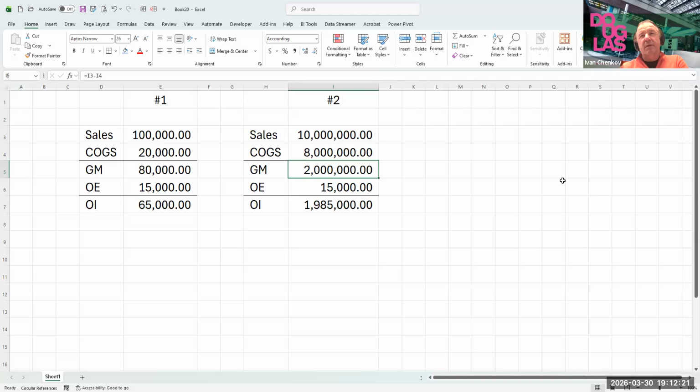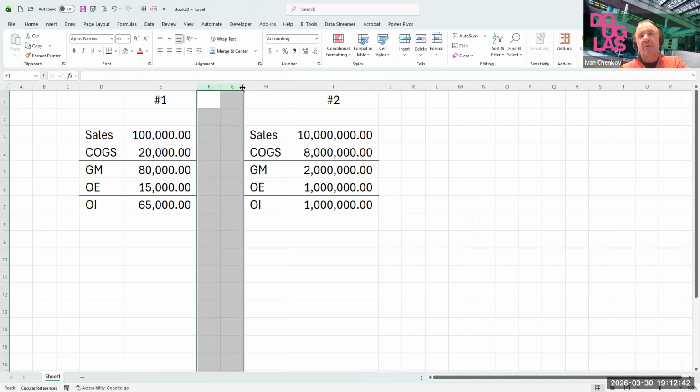Obviously, gross margin will be 2 million. Operating expenses 1 million. And operating income 1 million. If you have to invest your money, in which company are you going to invest? Company number one or company number two?